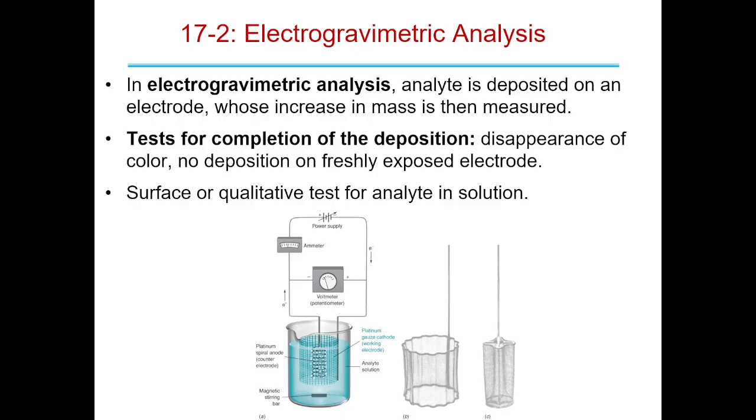Okay? And these copper electrodes can be very standardized and actually cast out of the same metal, so you can get a whole series of these very easily that are extremely standard. There's no difference between them except for slight mass differences, which is quite nice. You can measure the mass differences, so no biggie. This is a surface or qualitative test for analyte in solution. This right here is an example of this.